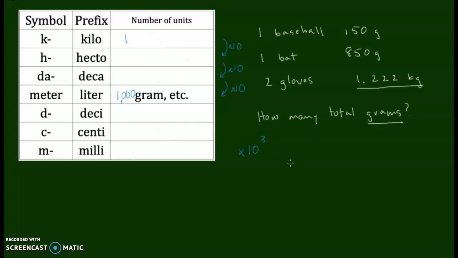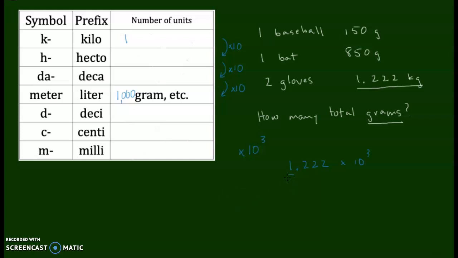Our starting point is 1 and 222 thousandths kilograms. And we need to multiply that by 10 to the third. So we can think about this with estimating, like we did in the previous video. Our greatest place value is 1. 1 times 1,000 is 1,000.